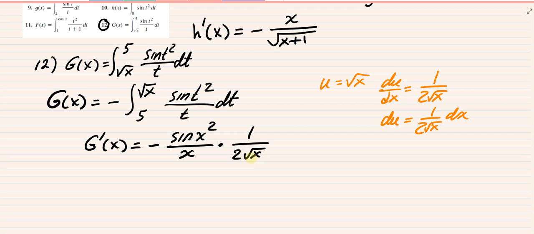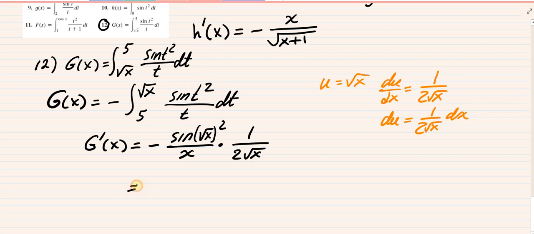Oh, I see. We're going to plug in square root of x, and here's when we plug in for t squared, that's going to be root x squared. We plug in the upper limit in here, and then 1 over 2 root x.